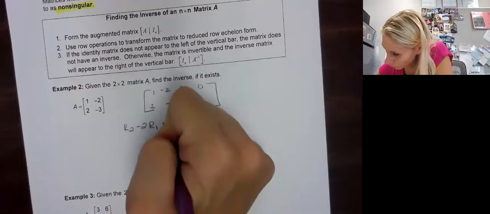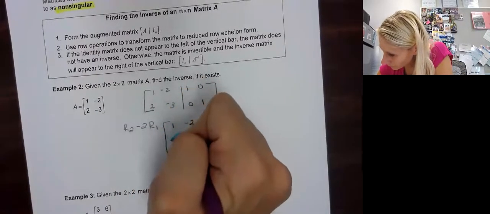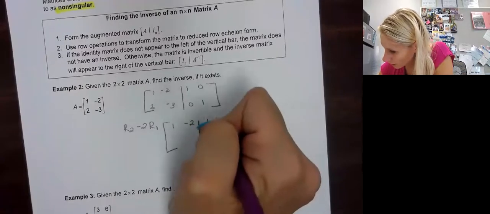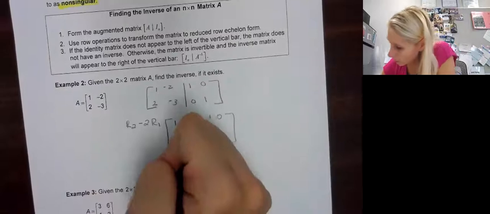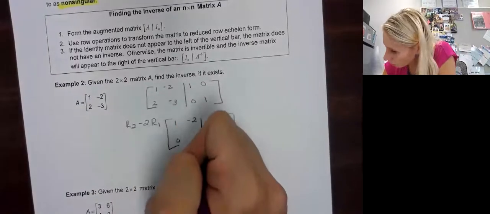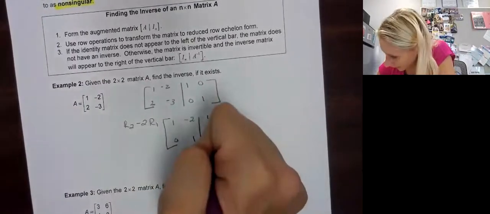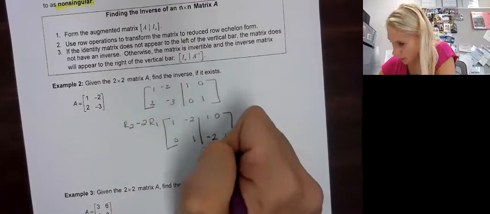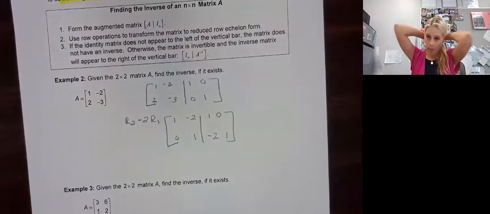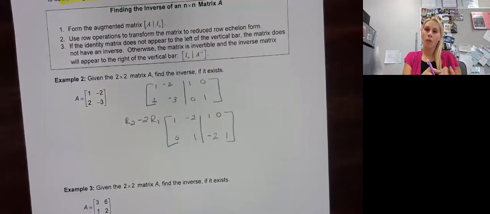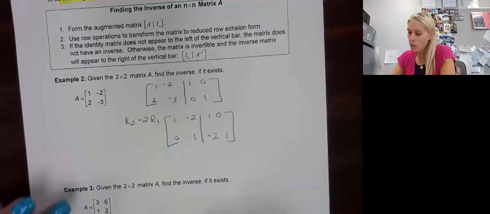Okay, when we do that, what happens is we end up with 0, 1, negative 2, 1. I did not perform the operations right now because we've practiced this before, so we should be okay with it on the side, and I'm just showing you.